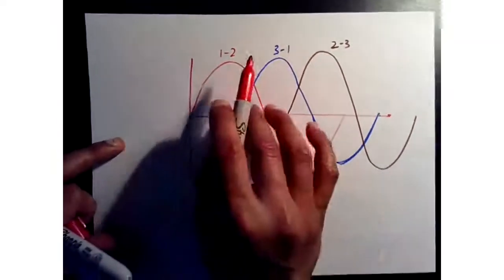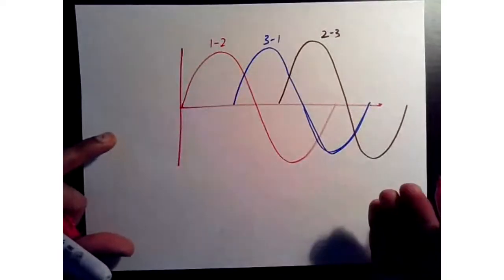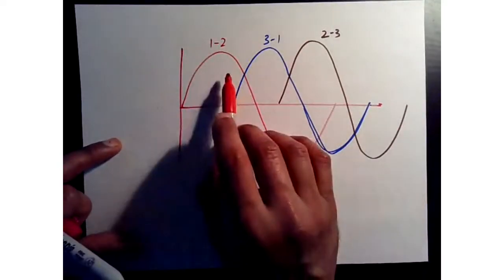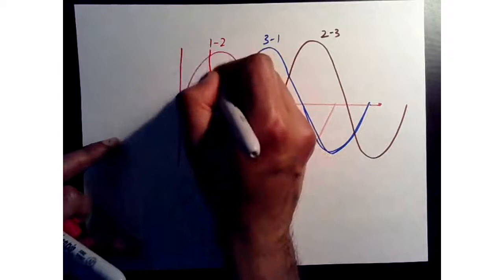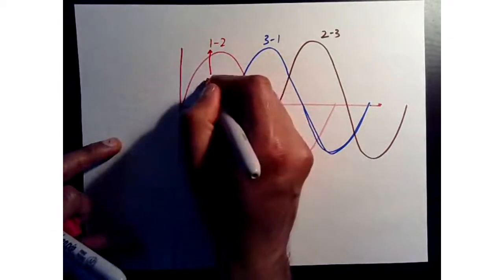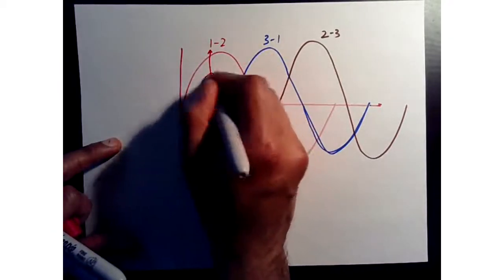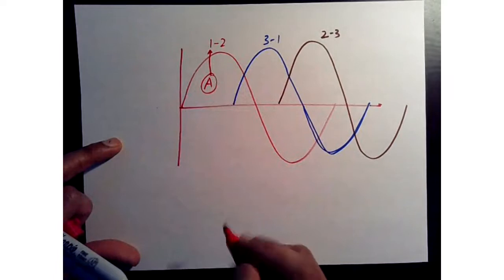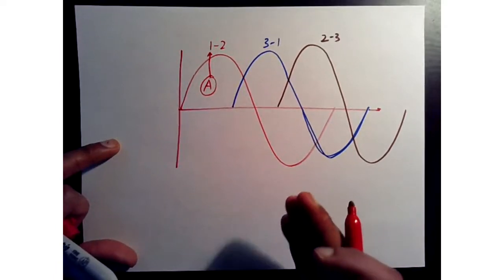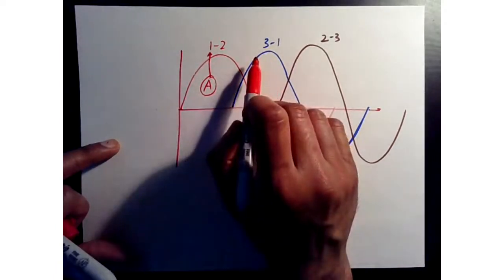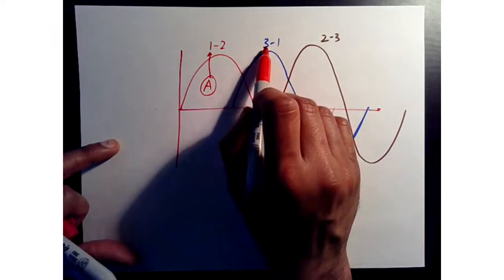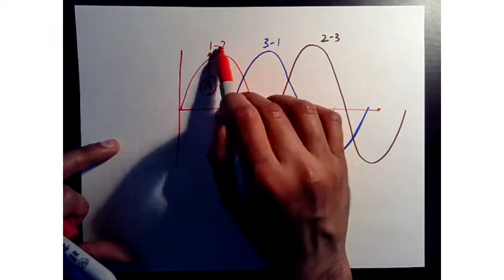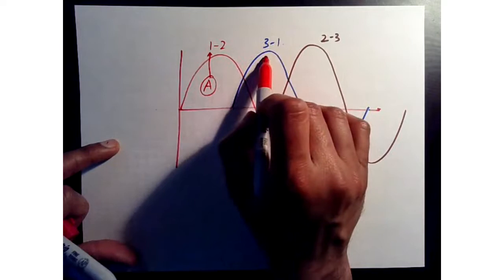So the voltage differences. Now, in this case, you can choose this one to be A, and then when you go to select B, you can clearly see that the phase difference between 1, 2, and 3, 1 is 120 degrees, right?